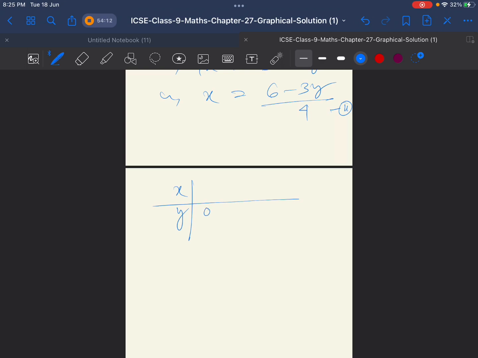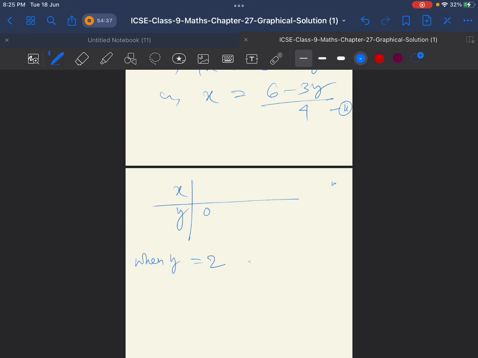Now we make a table, x, y. When y equals 0, then x is 6 by 4. We don't take this point. So when y equals 1, 6 minus 3 by 4, this is not.